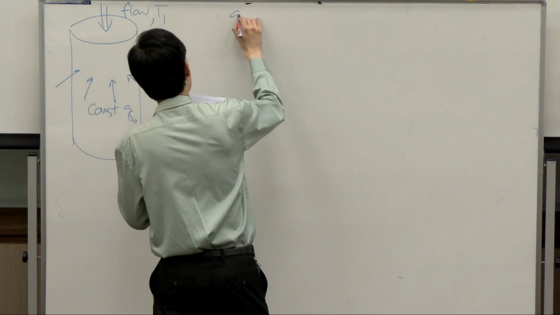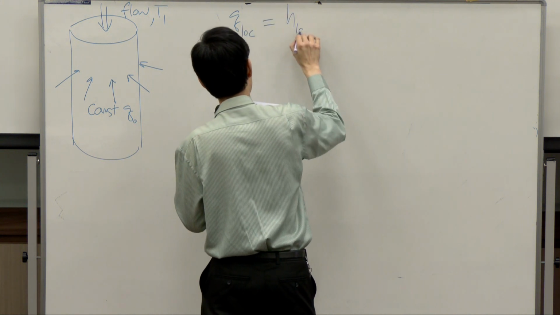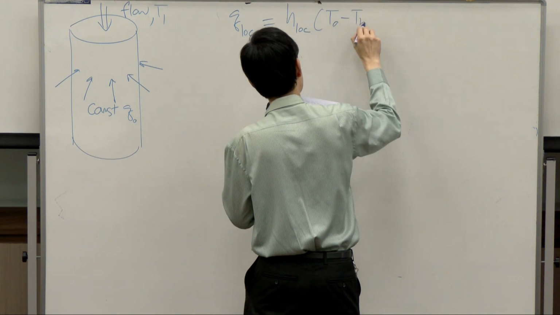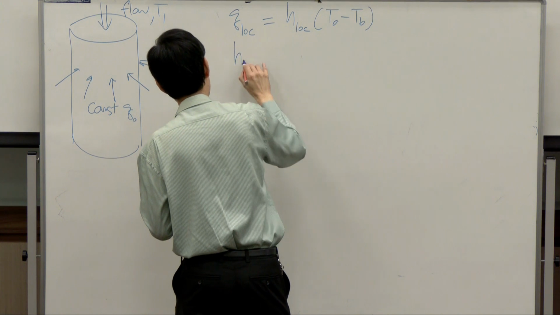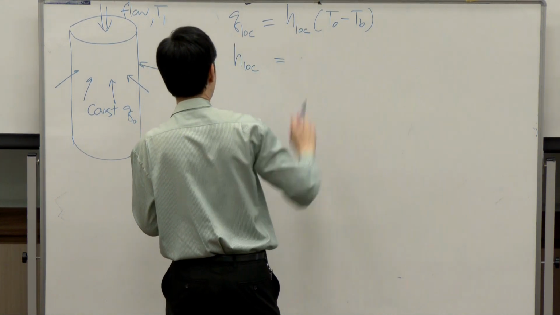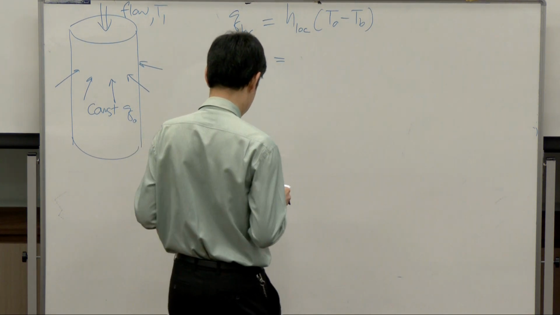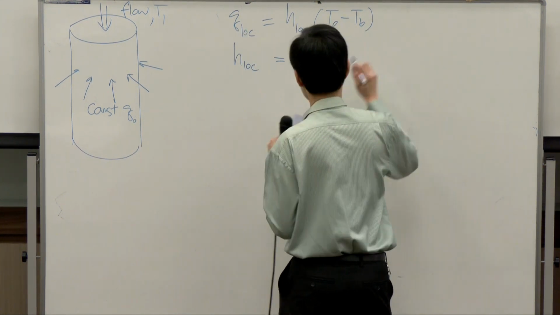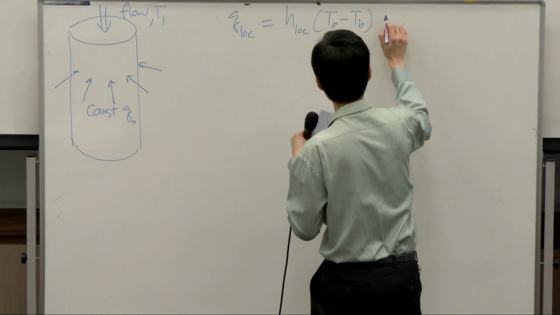Now, from the definition, Q local equals H local times the driving force. That means my H local would equal Q divided by T0 subtracted by TB. This is the definition.